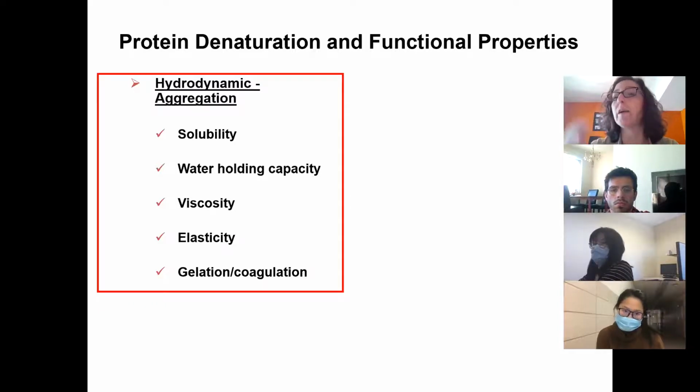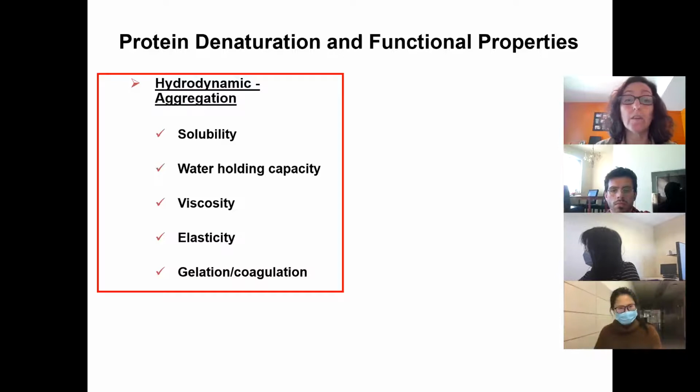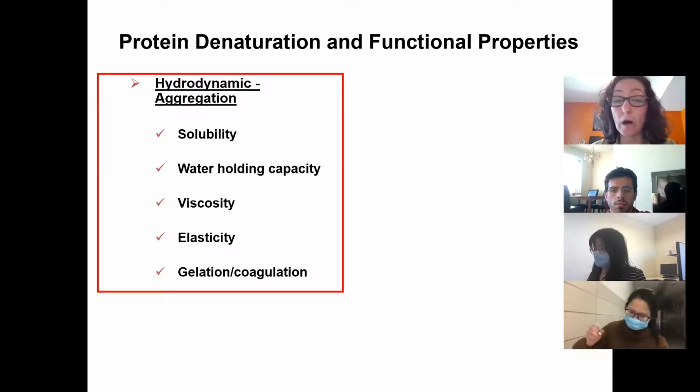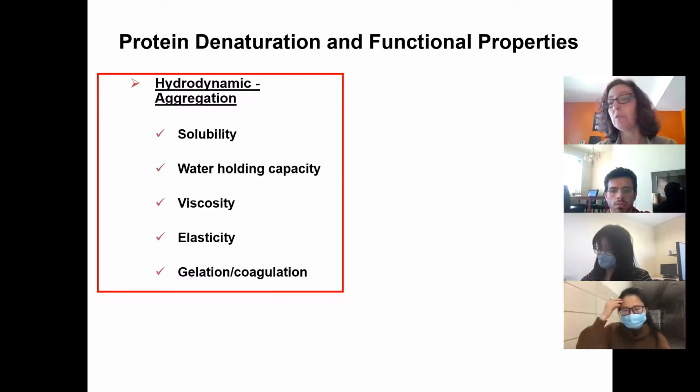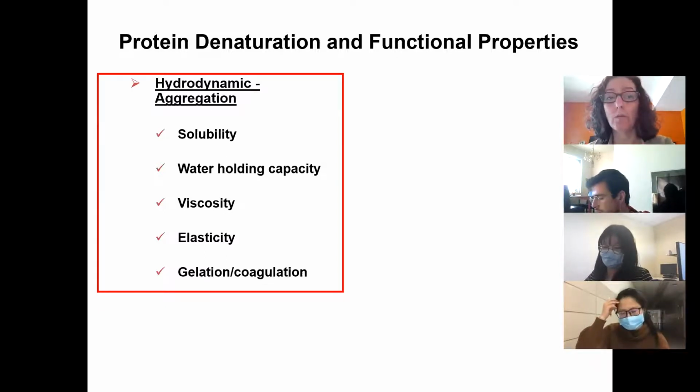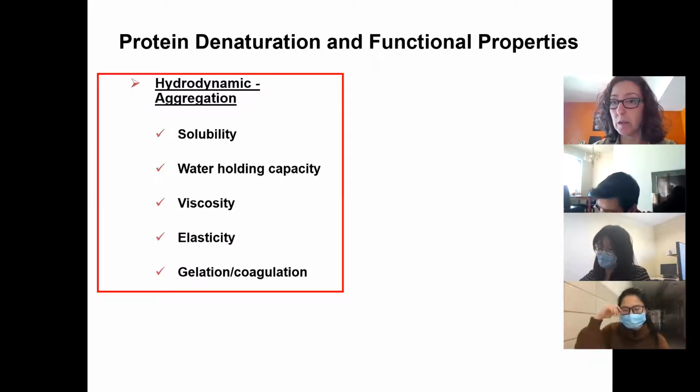So protein-water-protein interaction, excuse me. Also elasticity and viscoelasticity, you have water involved in the formation of this elastic structure. And of course, gelation and coagulation, where there is also water involved in the formation of the matrix.